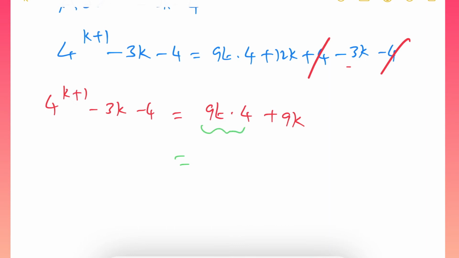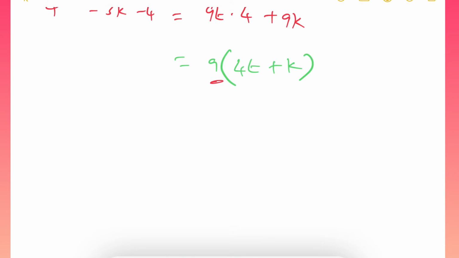In the first term as well as in the second term we have 9, so I will take that 9 common. Then here 9 already completed, so 40 remains, plus here 9 already completed, so k remains. So if I take out 9 common, it remains 40 plus k. Now here we can easily see that this 9 is there, so we can say that it is divisible by 9.